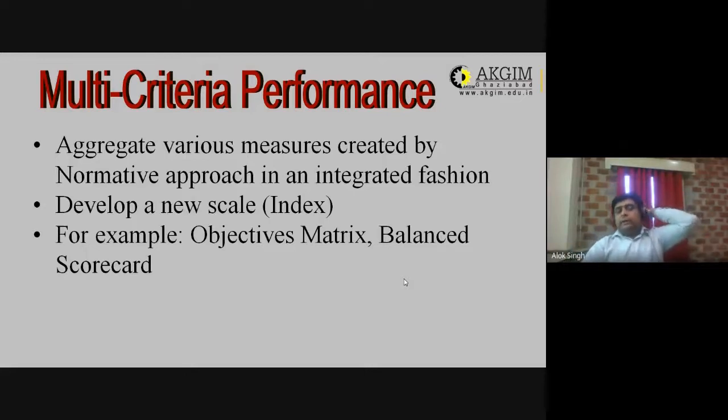So aggregate various measures created by the normative approach in an integrated fashion. It means you will aggregate all the inputs. You will aggregate labor, machinery, facility, even capital. Do proper budgeting, proper allocation of funds to certain projects. So that is basically aggregation, optimization.